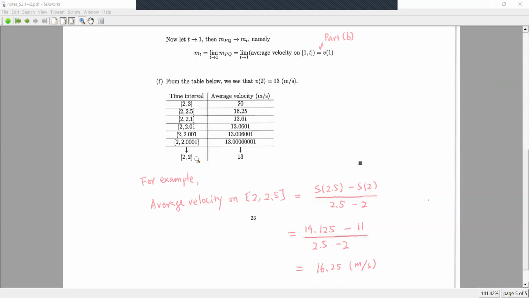Look at this table. In this table, I compute average velocities over these time intervals. These time intervals are shrinking to the point 2.